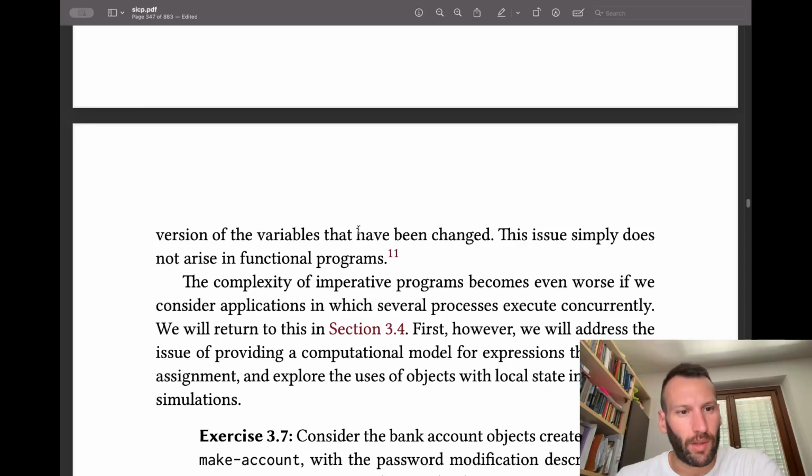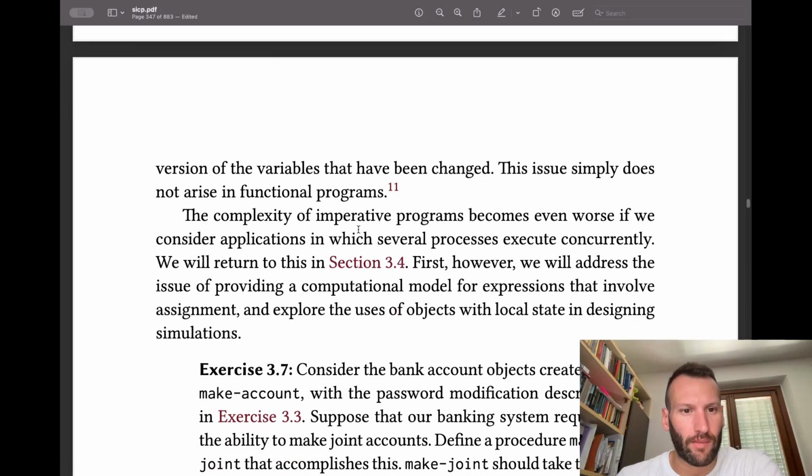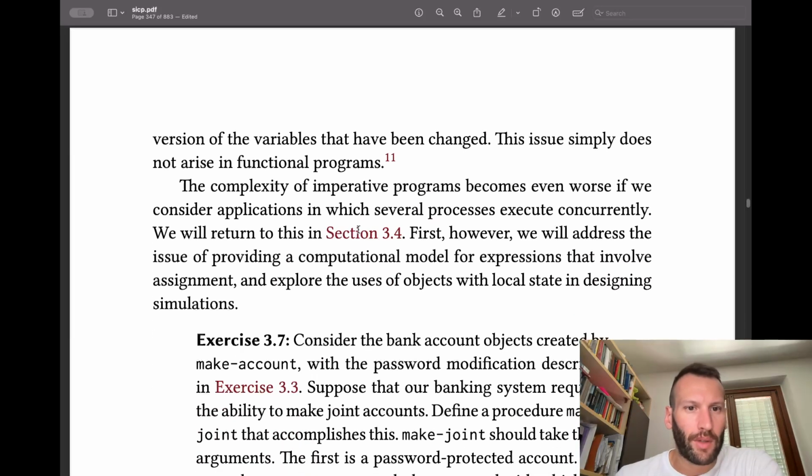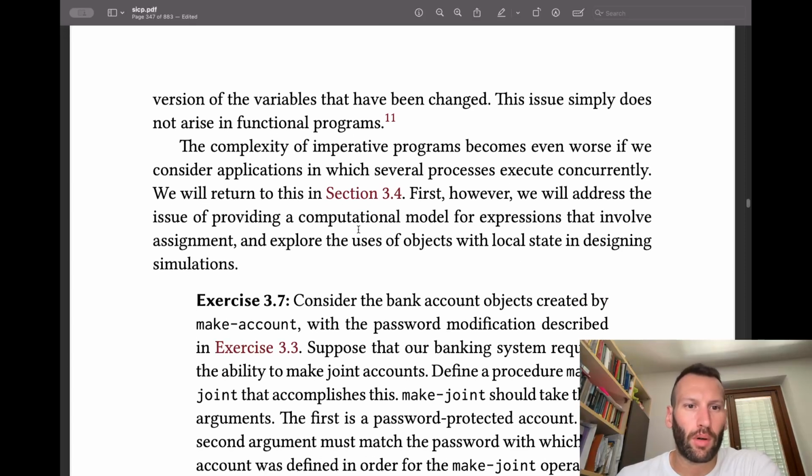This issue simply does not arise in functional programs. The complexity of imperative programs becomes even worse if we consider applications in which several processes execute concurrently. We will return to these in section 3.4.